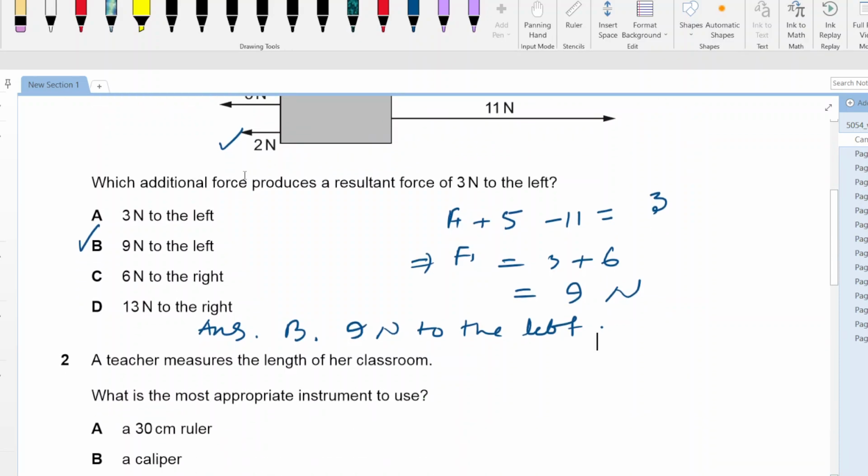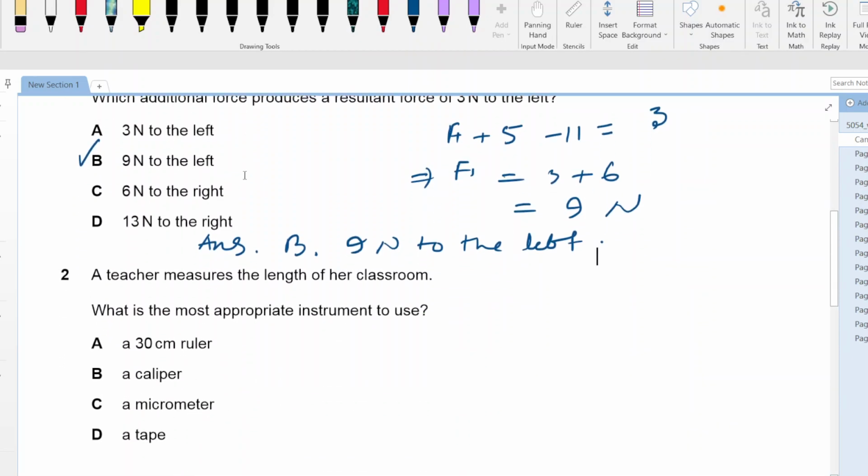Now I am at question 2. A teacher measures the length of her classroom. What is the most appropriate instrument to use? The class is sufficiently large.